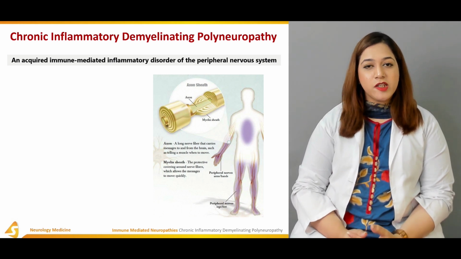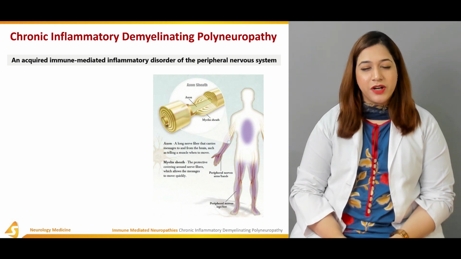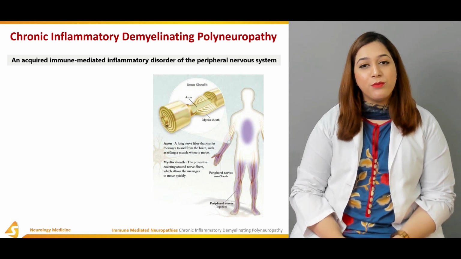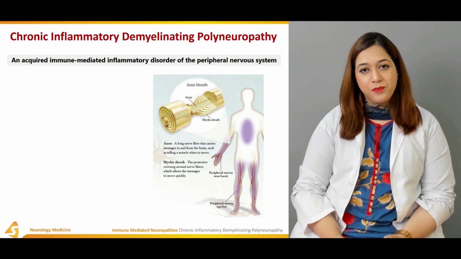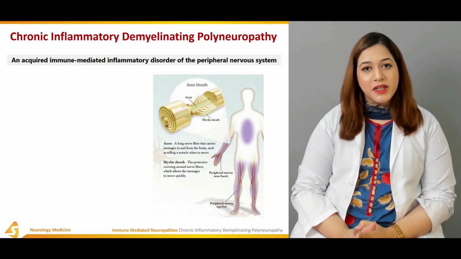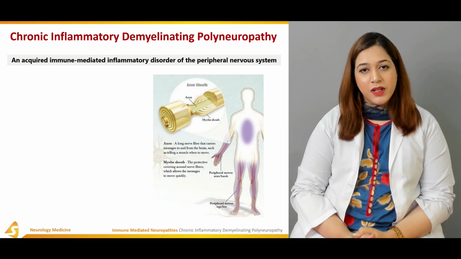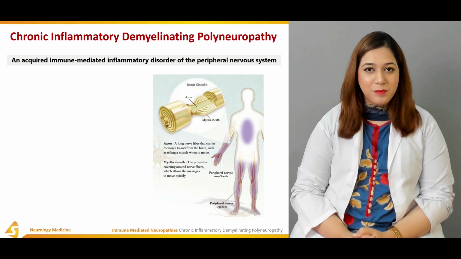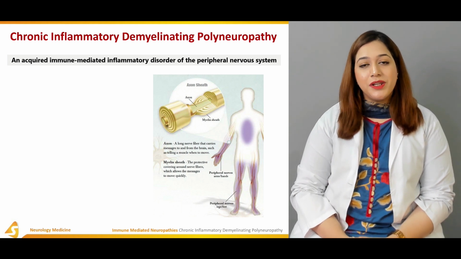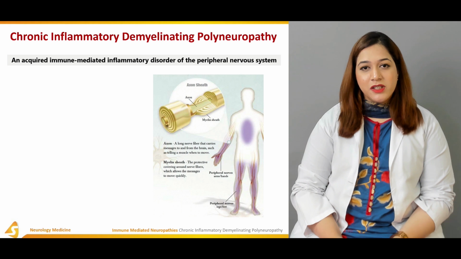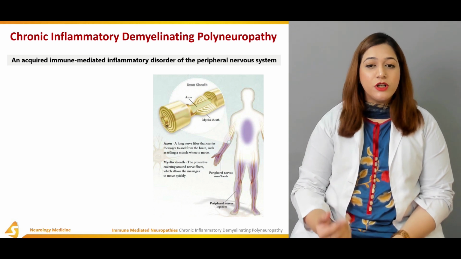It is characterized by chronic, progressive, relapsing or monophasic symmetrical weakness in both proximal and distal muscles. There are sensory disturbances and paresthesias due to distal fiber sensory loss, and absent or diminished tendon reflexes, which usually progress over 2 months.